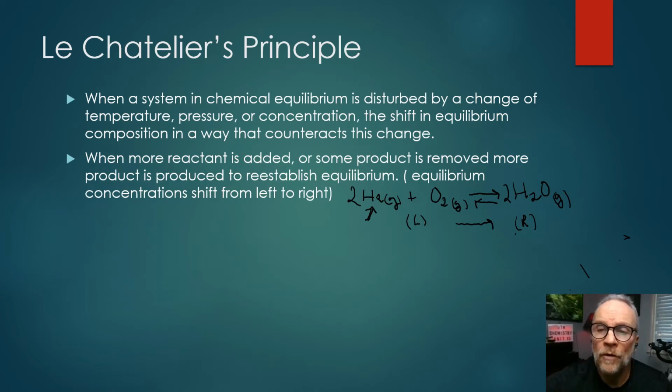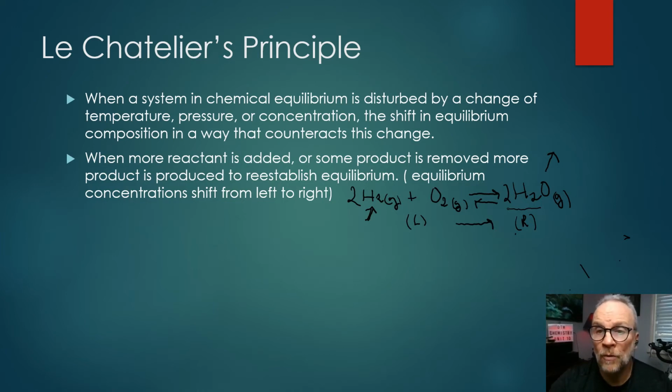So if we remove the product, if we remove the water, then you're going to produce more hydrogen and oxygen to produce that water. So it's still going to shift from the left to the right to maintain that ratio of hydrogen and oxygen to water. Of course, the water in our equilibrium expression will be written on the top.